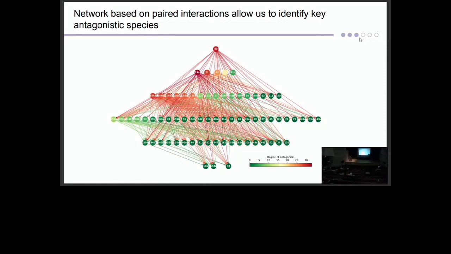Then we have another variable: the color gradient from green to red represents a metric called the degree of the network. If you are in the red spectrum, you are a really antagonized strain. And if you are on the green side, you are not antagonizing many strains.